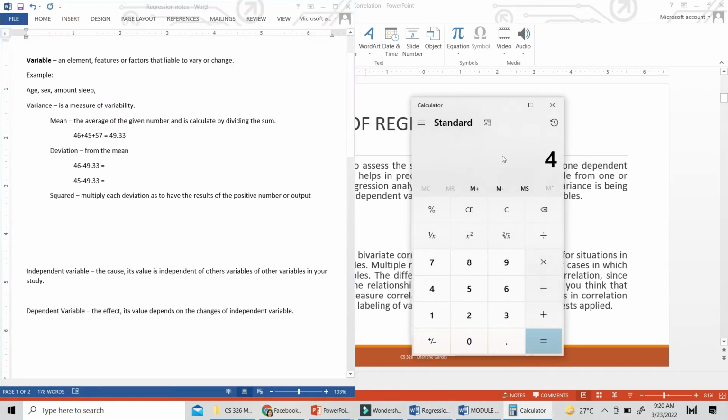So we have 45 minus 49.33. If we minus 45 minus 49, it will be negative 4.33.